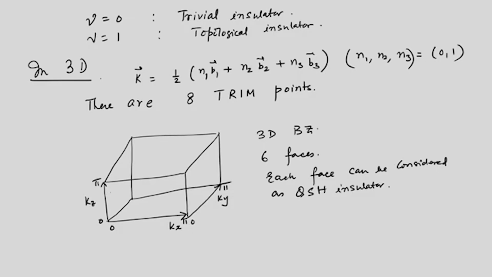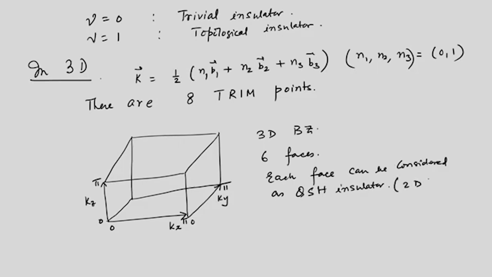If we take a slice of that, say the kz equal to 0 plane, or kx equal to 0 plane, or kx equal to pi plane, and so on, each of the 6 faces is a 2D QSH insulator.